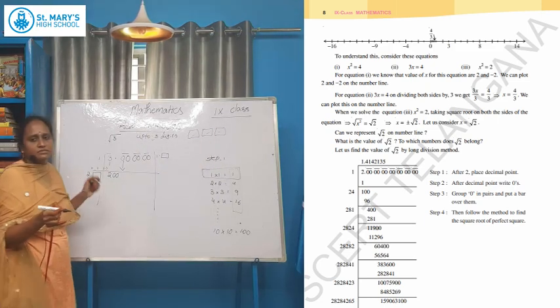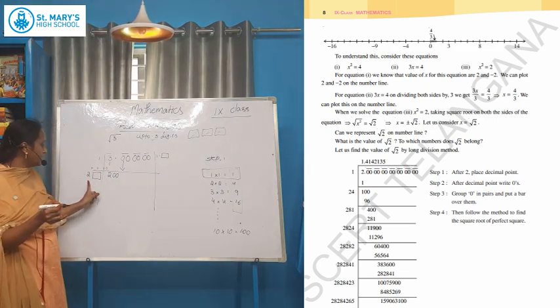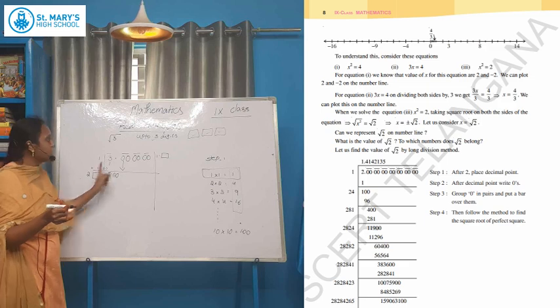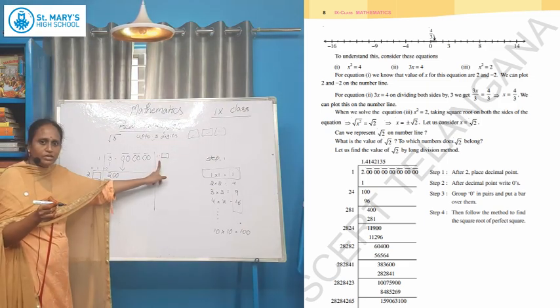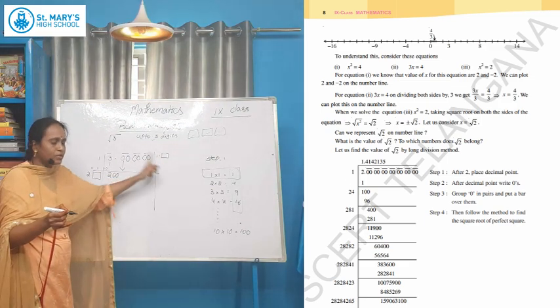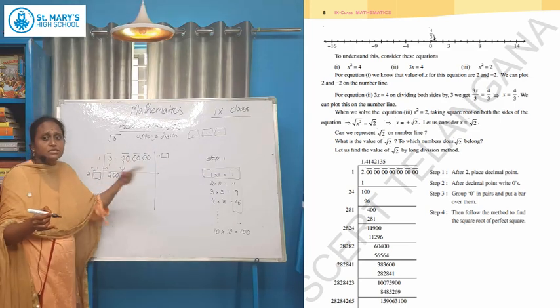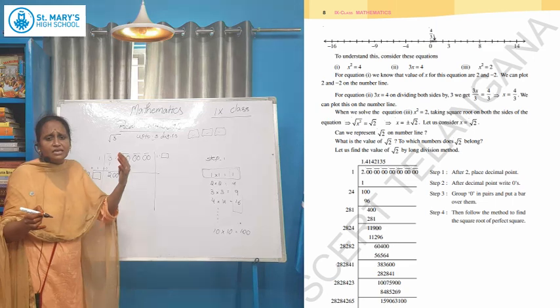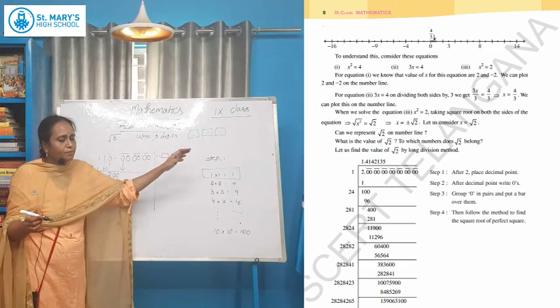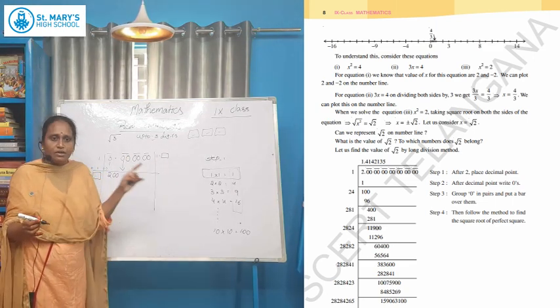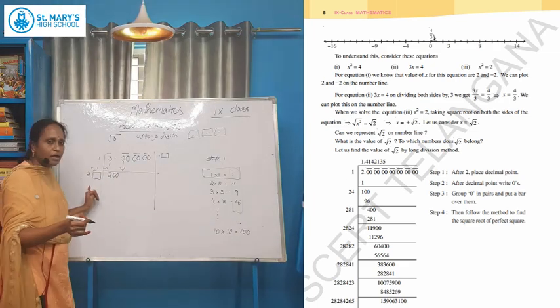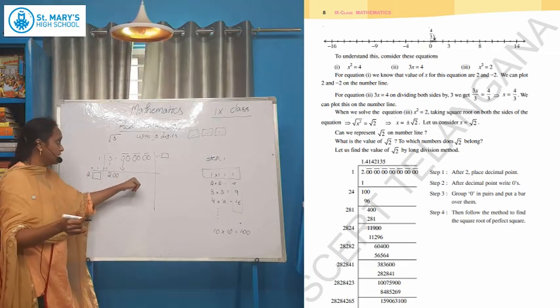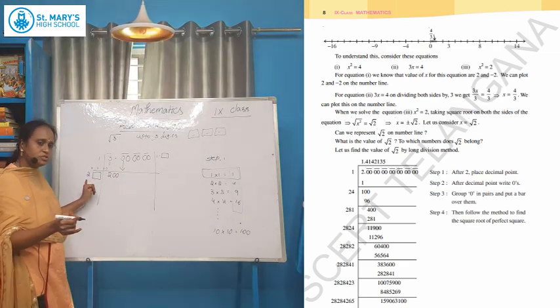Now here 2 and a box, and here after the decimal we draw the box. Is that right? So in every case, as I said, we have to take out perfect square numbers. Yes. So which number should we take out here for multiplying?